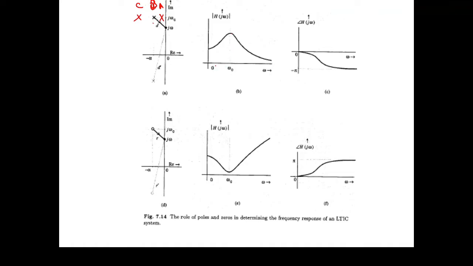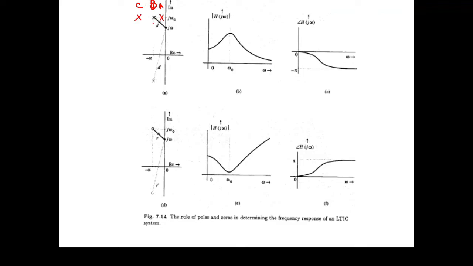Also, if we place a pole on the frequency axis, the distance becomes 0. Since the distance becomes 0, H(s) becomes infinity. So at that time, our filter becomes unstable in nature. At that particular frequency, the filter becomes unstable.